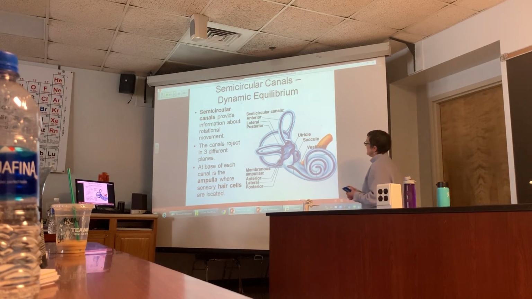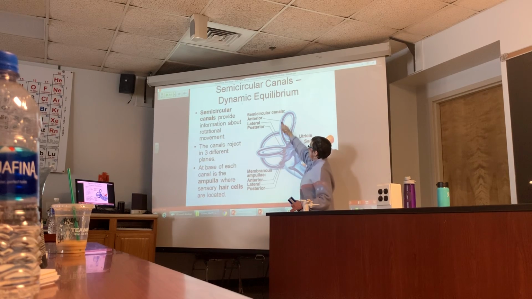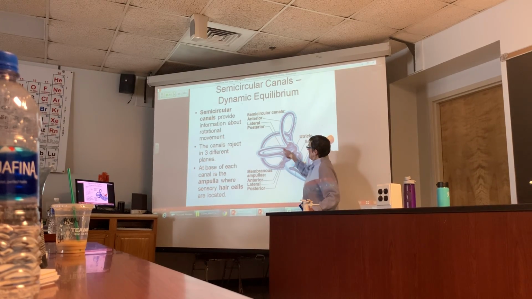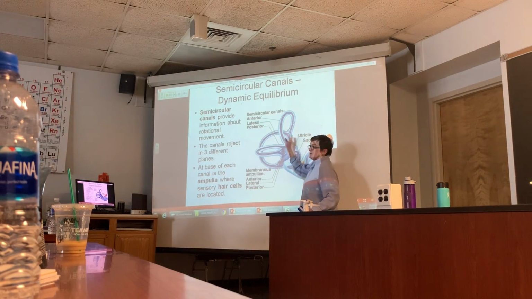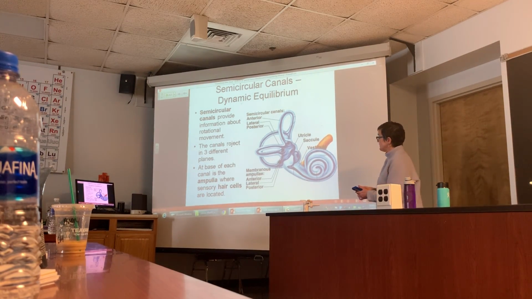I forgot to mention that, notice how they are projecting in different planes. One projects up, one projects back this way, one comes back and out, and one is more horizontal. So depending on the rotational movement you're making, it's going to cause different kinds of movement of fluid in the semicircular canals.